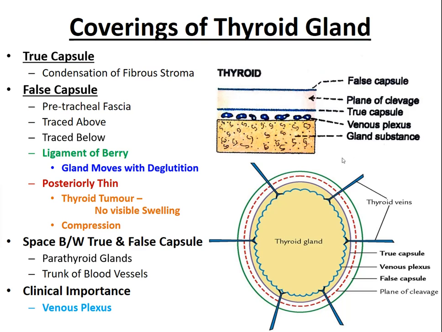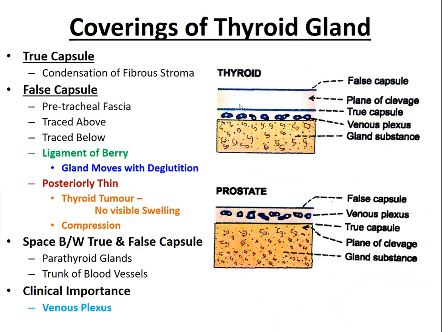Just beneath the true capsule there lies a venous plexus. So under the capsule there are venous plexuses. That is why, when we have to remove the thyroid, we make the incision between the true and false capsule, so that the venous plexus is not injured.